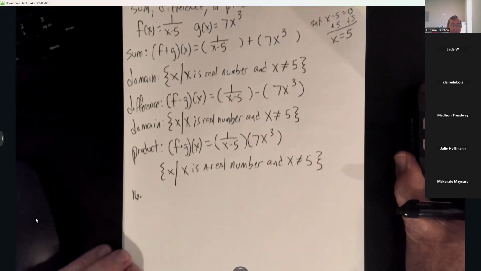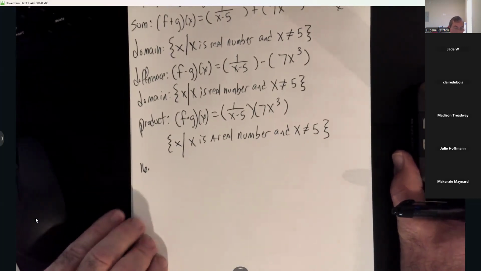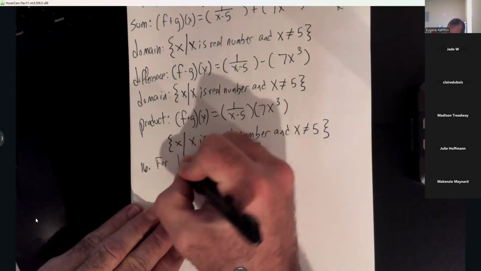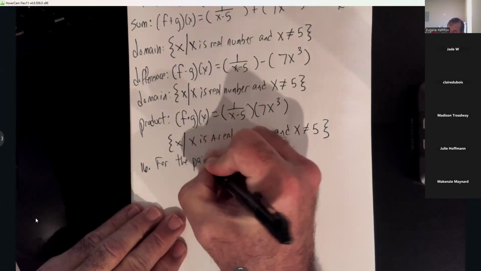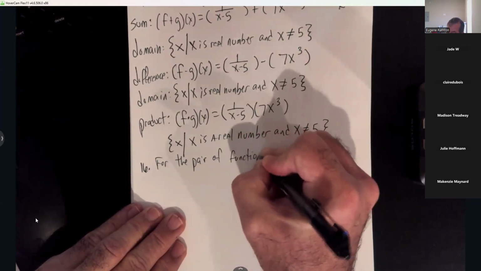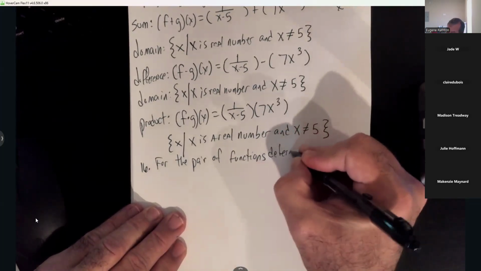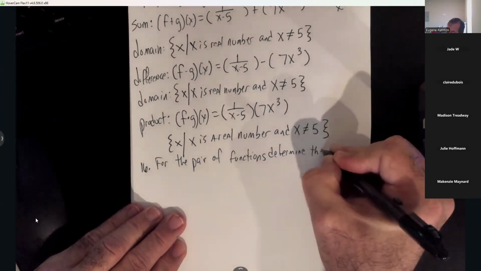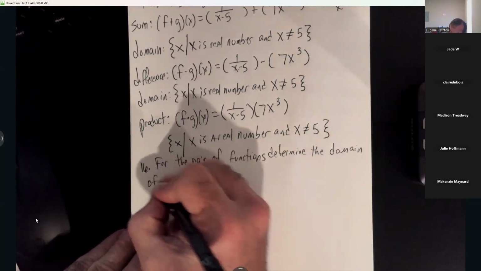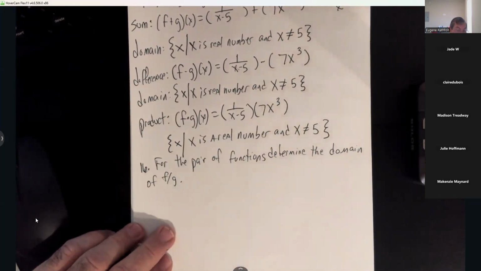All righty. So 16 is the last one in section 2.4. They just want to know for the functions, determine the domain of f divided by g.